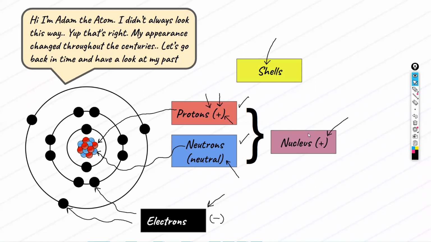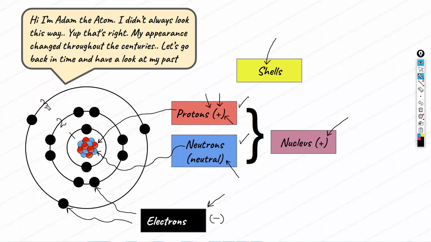Real simple question, not a trick question. How many shells does this atom have? It would be 3. This circle here or this orbit is 1. This is the second one, and this is the third one. Different atoms have different amounts of shells. Some people call them shells. Some people call them orbits. I prefer to use the word shell.